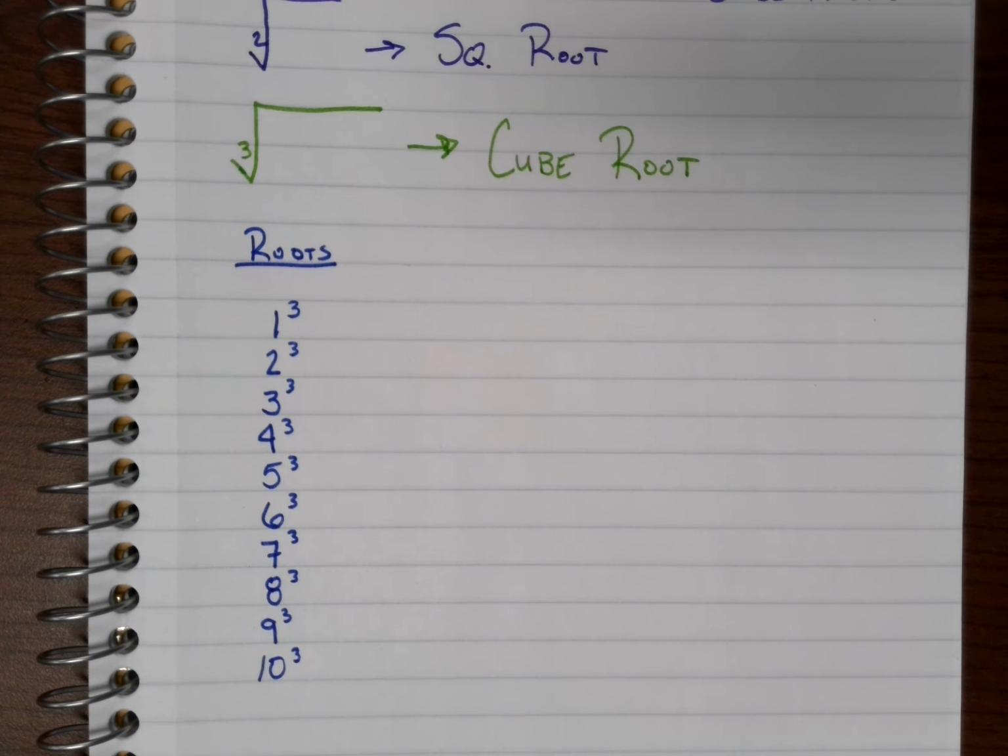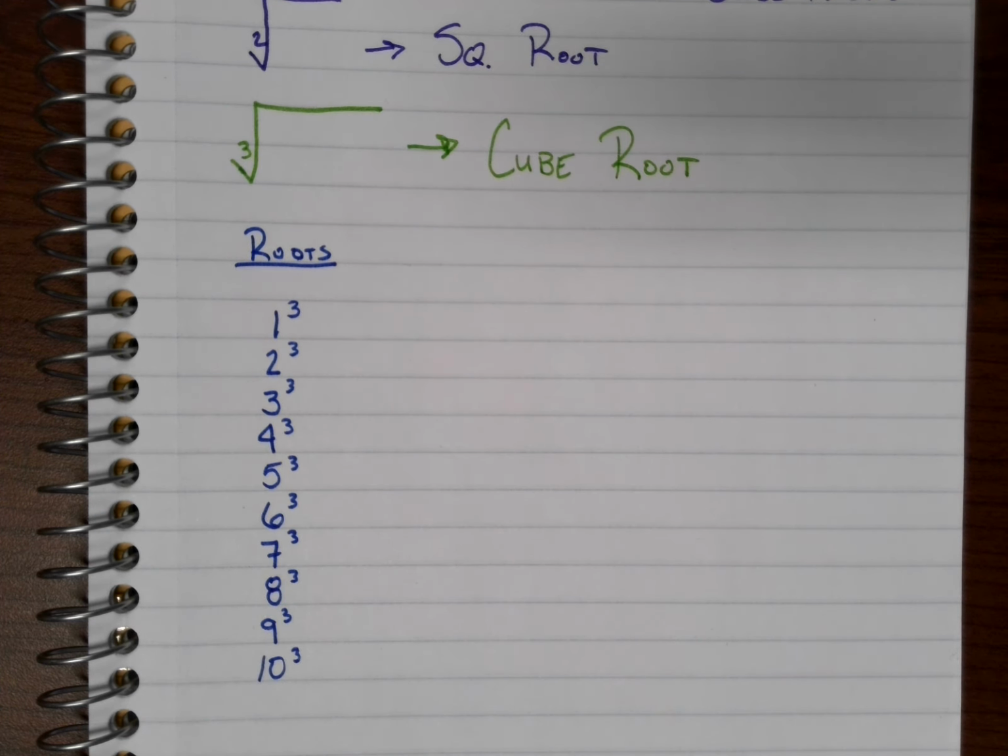So what this looks like when we say something is cubed, this is going to be 1 times 1 times 1, and what that's going to equal is 1.